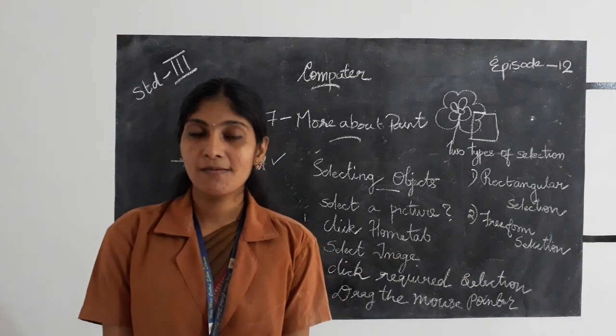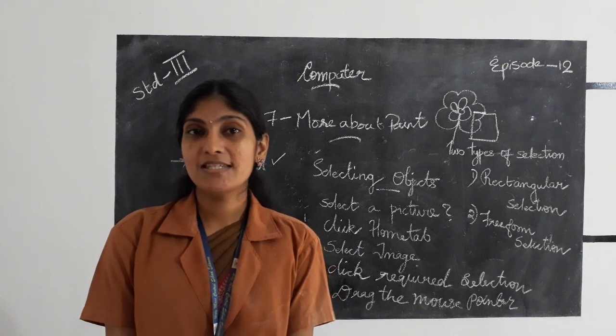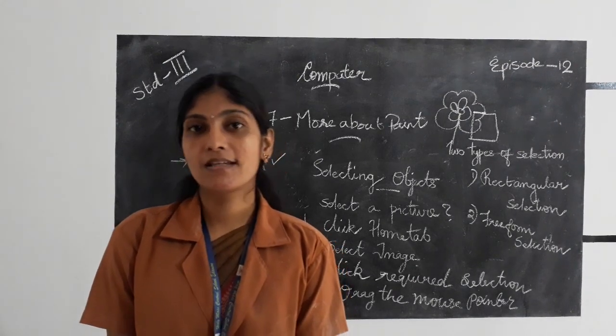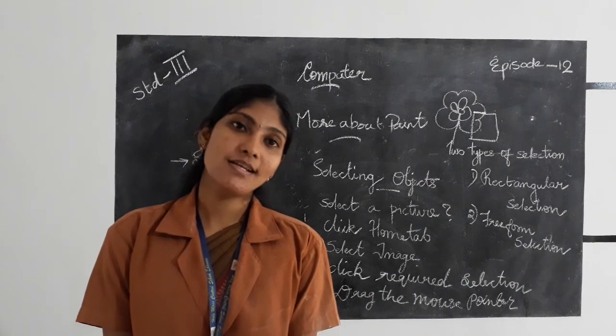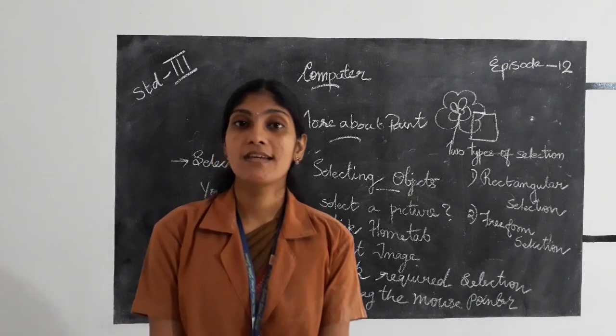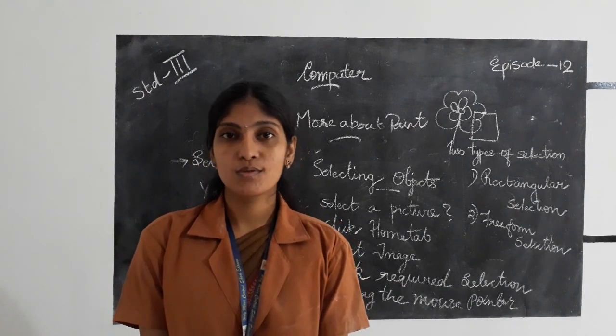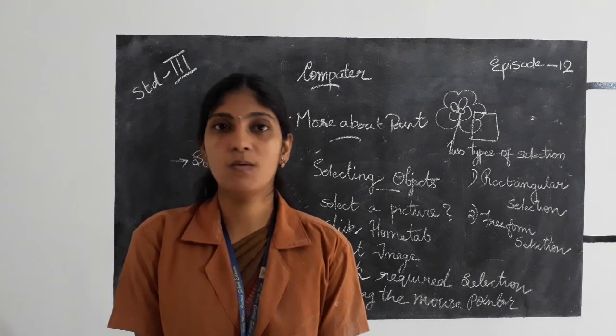If you want to select a picture in the form of a rectangle or a square, you can go to rectangular selection. Or if you want to select a picture in an irregular shape, you can go to freeform selection. Those are the two main important selection options.